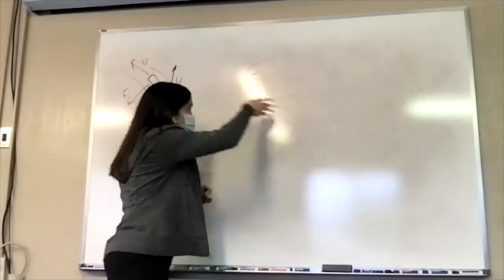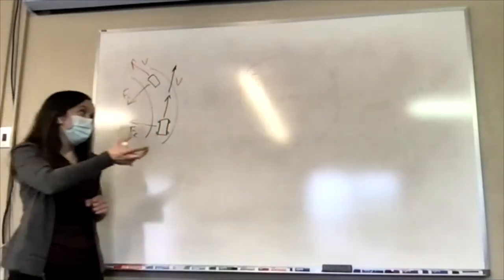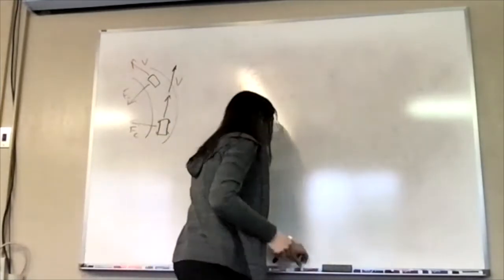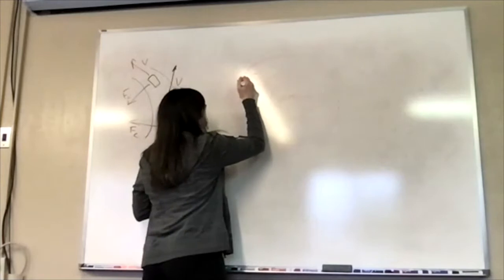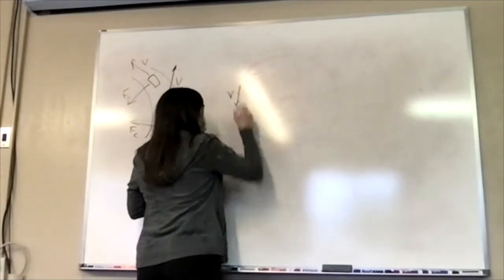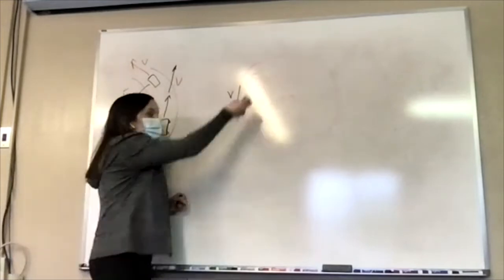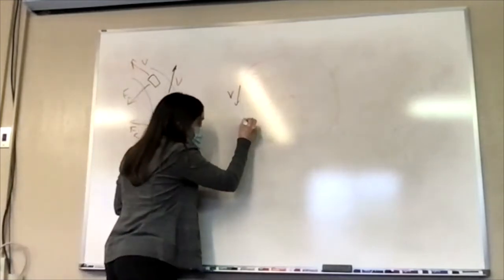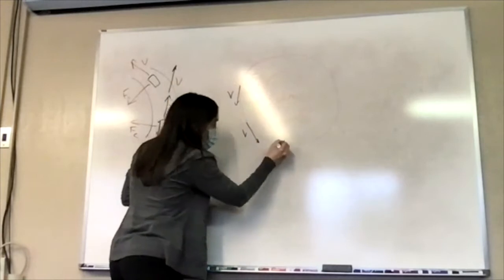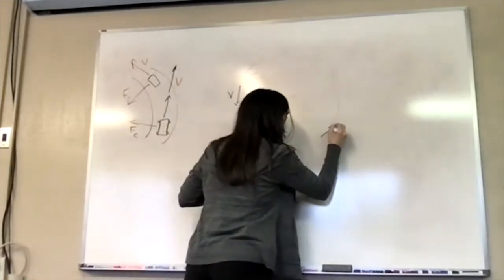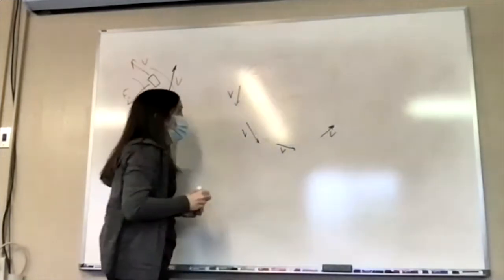So gravity between the sun and Mercury is what keeps the planet going around the sun. Now the planet's velocity is always tangent to the circle. So Mercury's velocity would be in that direction at that point, but the sun keeps on pulling it to itself. So any movement along here, its velocity tangent to the circle, keeps it moving in a circle around the sun.